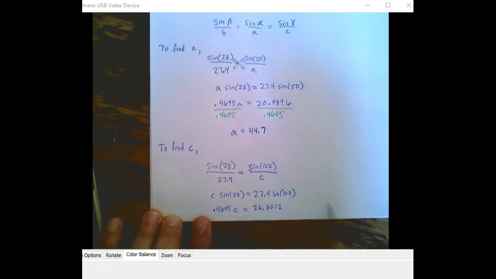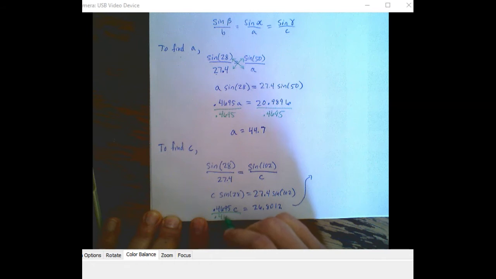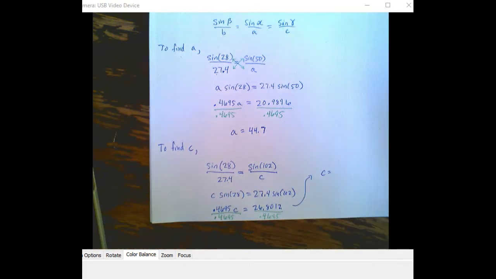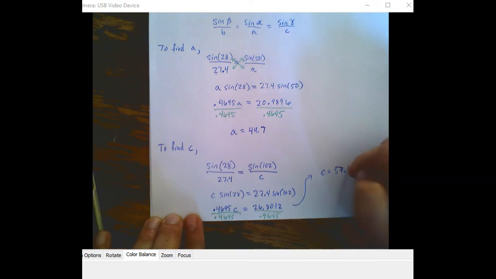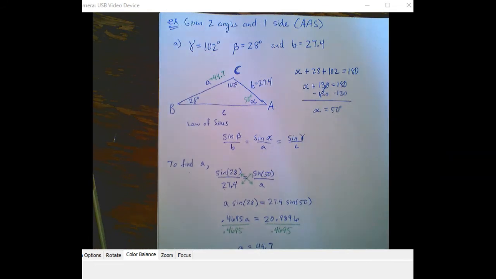And dividing both sides by this value here gives us little c is 57.1. Okay. So little c is 57.1.